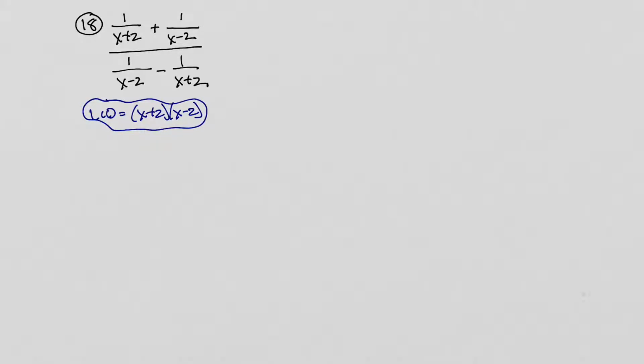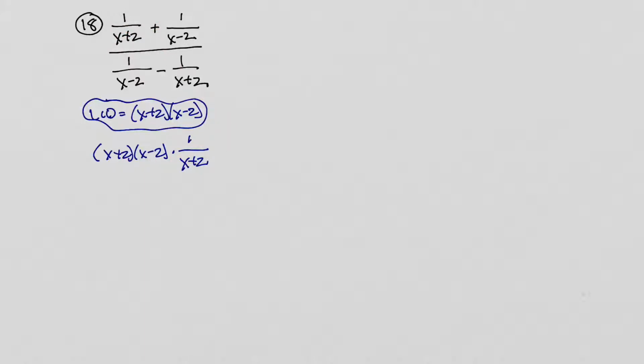So let's start by writing this LCD right here and right here. That is going to give us, okay, x plus 2, x minus 2 dot 1 over x plus 2. So I took the LCD here and I wrote it right next to this x plus 2. So there it is.